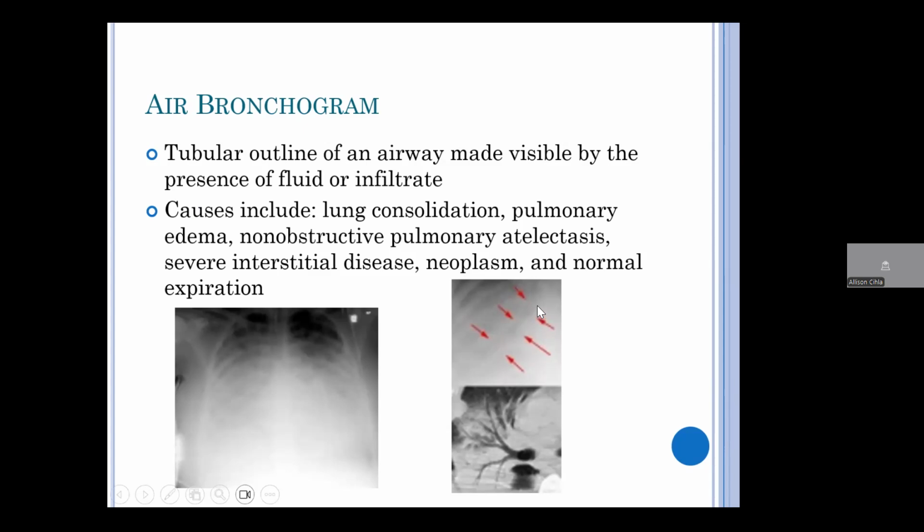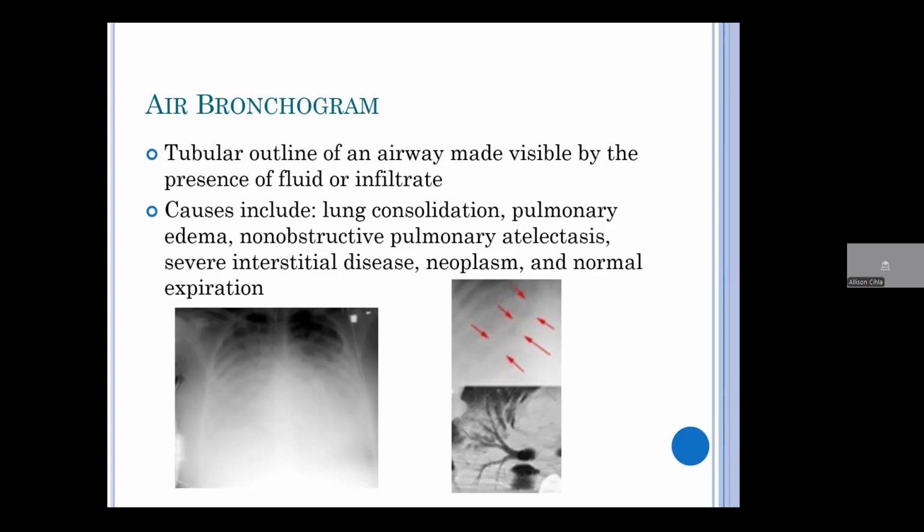And so what you're seeing, this is probably the best picture on this slide, is that you can see this tube of air here. All these arrows are sort of pointing to the border, and there's some type of process happening here, but the airway is spared, and so the airway can be seen on the x-ray with this process happening outside of there.